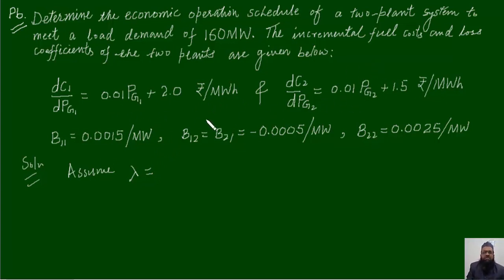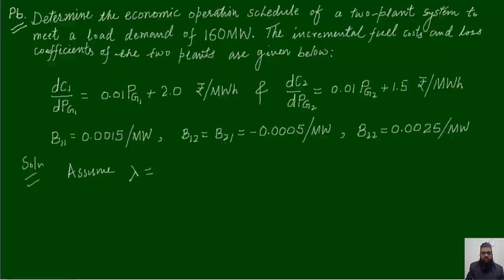Here we have just a two plant system, plant 1 and plant 2, and these are the incremental fuel cost equations of the two plants. The intercept of the incremental fuel cost of plant 1 is 2, and the intercept of the second plant is 1.5. So lambda must be greater than 2.